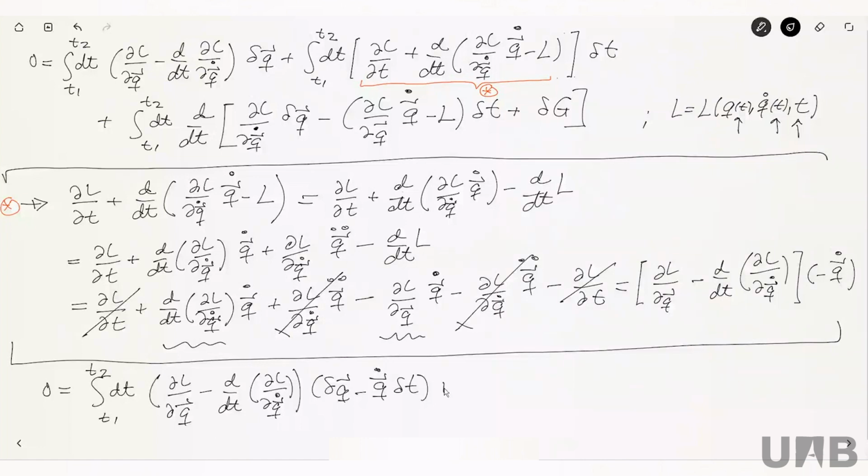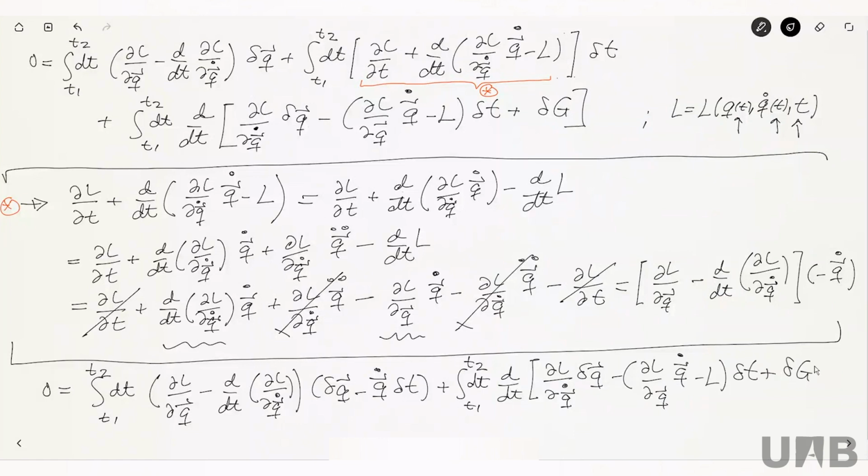And then the rest, plus the integral dt from t1 to t2 of d/dt of the partial of L with respect to q dot times delta q, minus dL/dq dot times q dot minus L, times delta t, plus delta g. This is the whole thing. So if now we apply this condition on the solutions to the equations of motion, that means that this is zero.